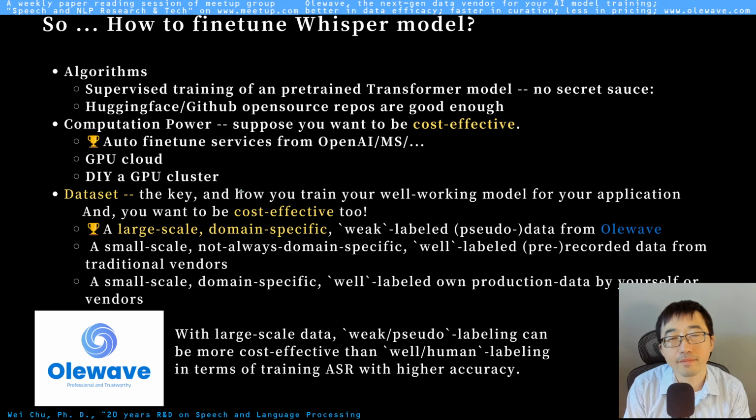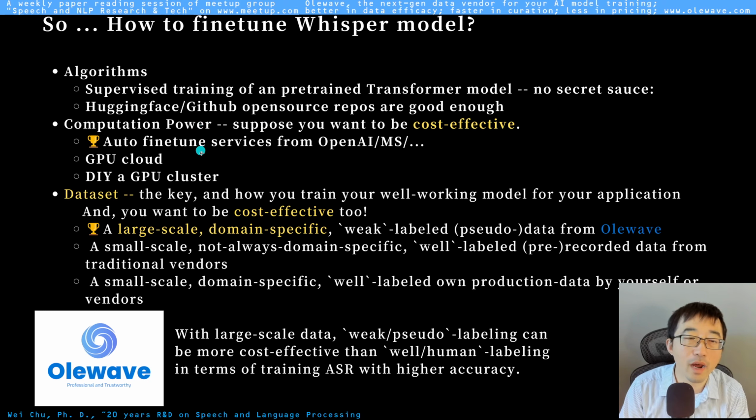Dataset. Think about it: when you fine-tune the Whisper model, everybody starts from the same foundation model, and everybody uses almost the same algorithm. A slightly different learning rate schedule won't make much difference in terms of accuracy.